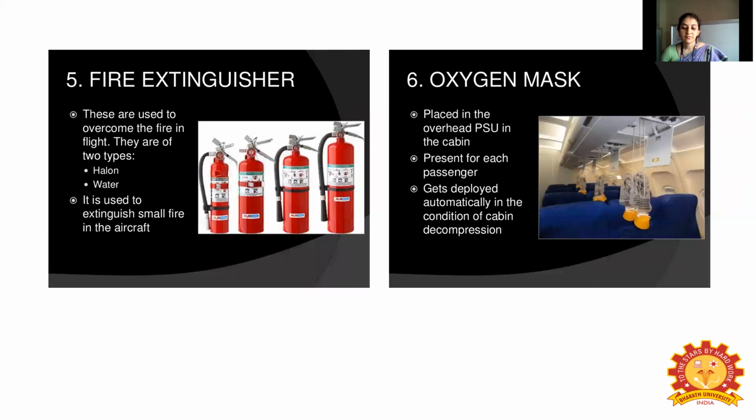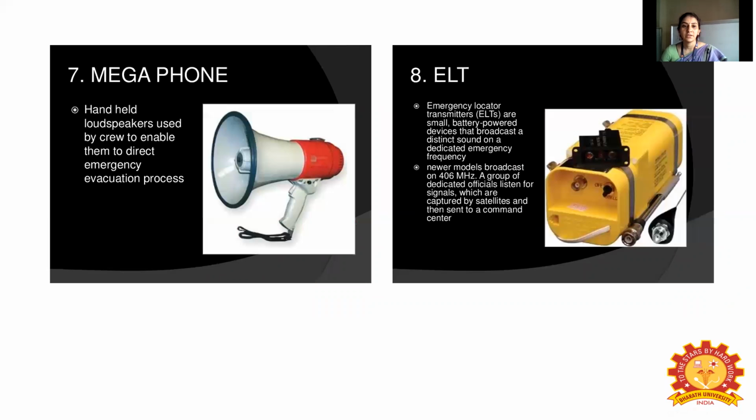And the next one is, along with the fire axe, fire extinguishers are there. And oxygen mask, it is made sure every seat has an oxygen mask attached on top of the cabin. So during an emergency, the oxygen mask gets released automatically by itself, based on the situation. Okay, and next one is megaphone and ELT. Megaphone is nothing but the loudspeaker.